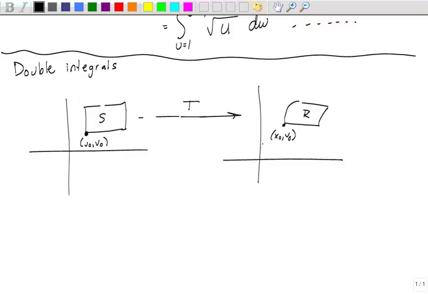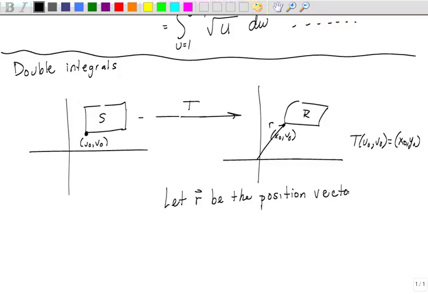That's the image point, and we'll say this is the vector r. So t of (u0, v0) is (x0, y0). We're going to let r be the position vector of the image point.